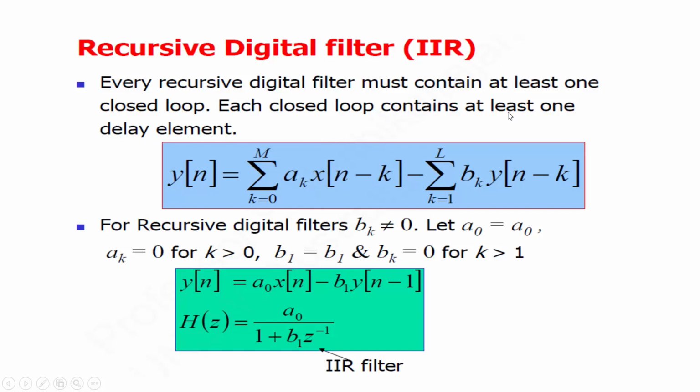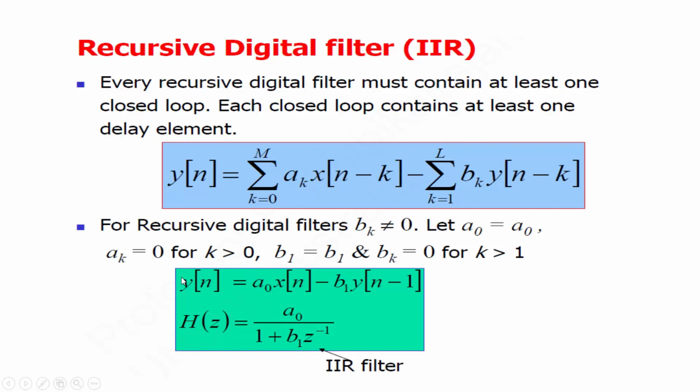And each closed loop contains at least one delay element. So there has to be at least one delay element because this represents the previous output samples. Now let's take one example with a0 equal to a0 and the rest of the ak's all 0 for k greater than 0.